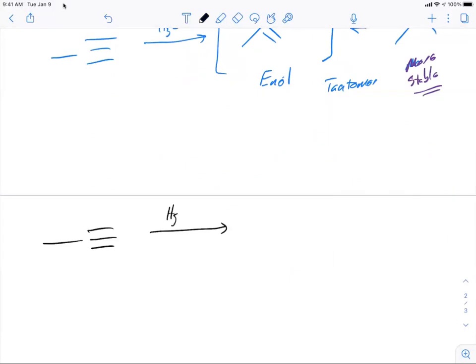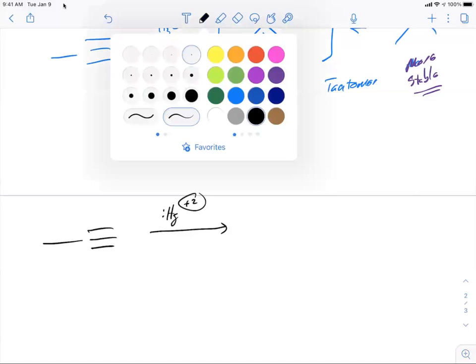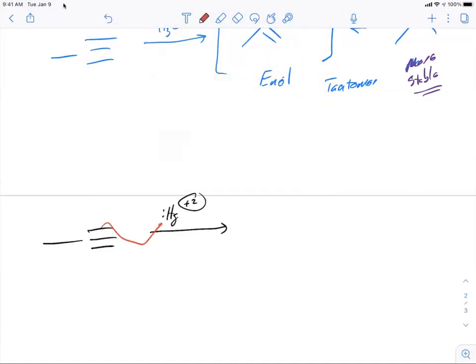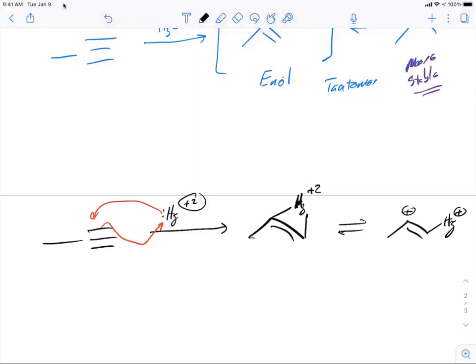So what we're adding is a mercury salt. So we can have that come in. That gives us our mercury. Right, but then our mercury can go to this, right? So we can ring open that. So that's going to be going back and forth.